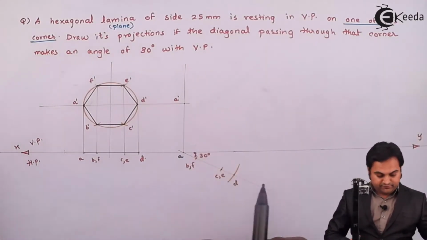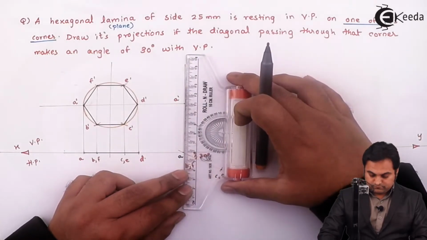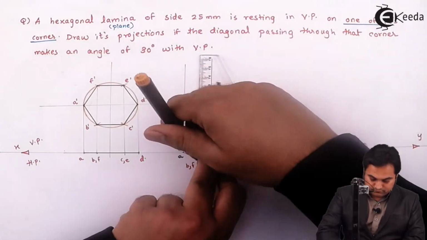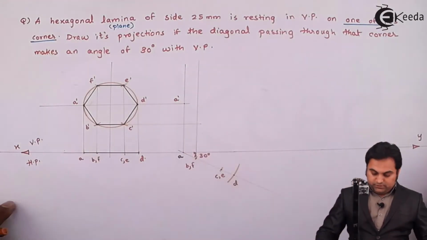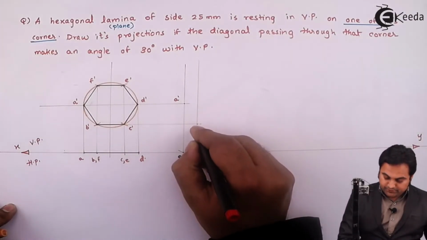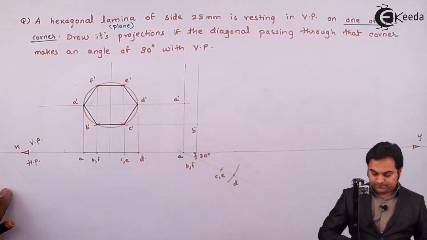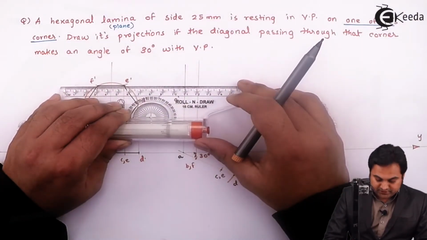Next, for B and F, here where point B and B dash they intersect, that will give me the point B dash. On this same line there is point F as well, so I'll project F dash.